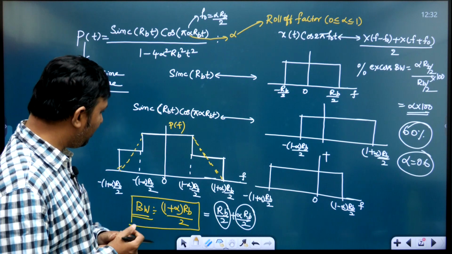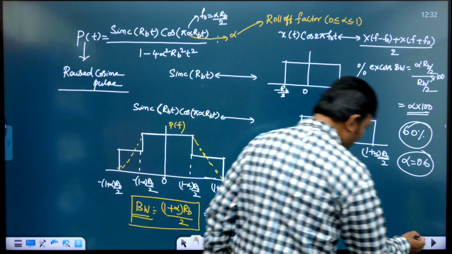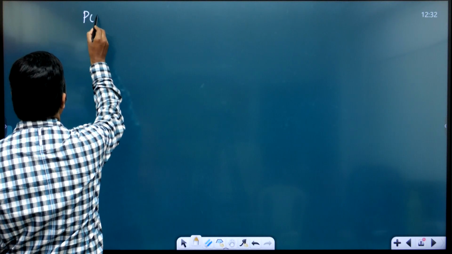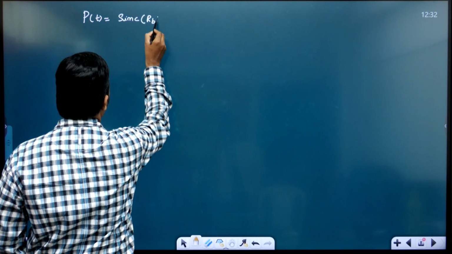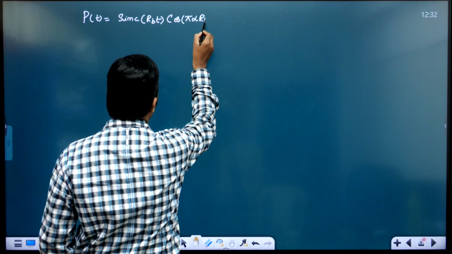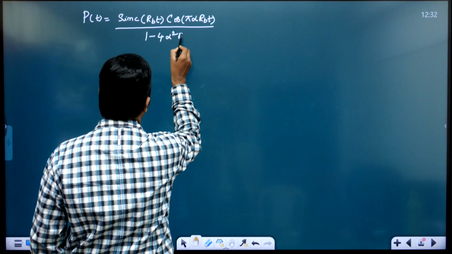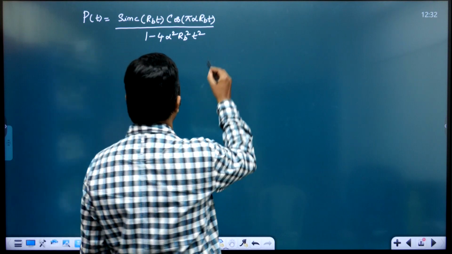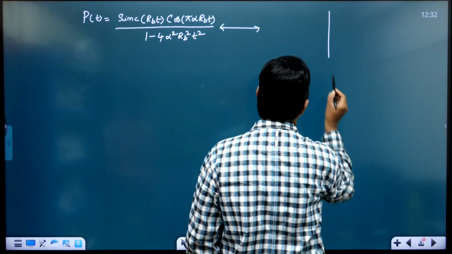Now if you make the analysis further, observe here: the raised cosine pulse p of t is given by sinc of RB into t multiplied with cos of pi alpha RB t divided by 1 minus 4 alpha square RB square t square, whose Fourier transform came like this.